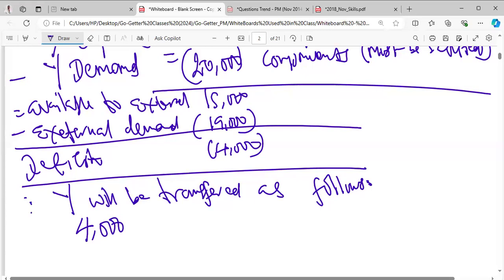If external is demanding 19,000, Y should be having 16,000 units. But they are giving them the whole 20,000 and shorting the external. So that 4,000 that is short from external, they will give it at market price of 200.